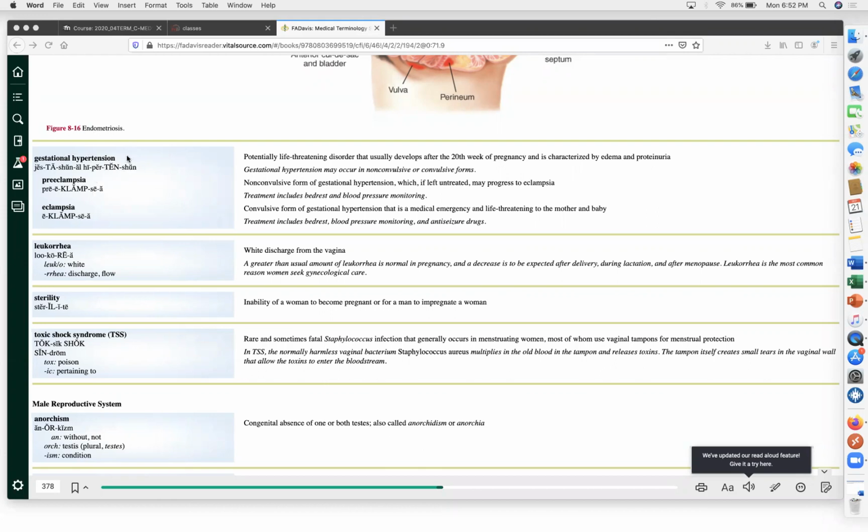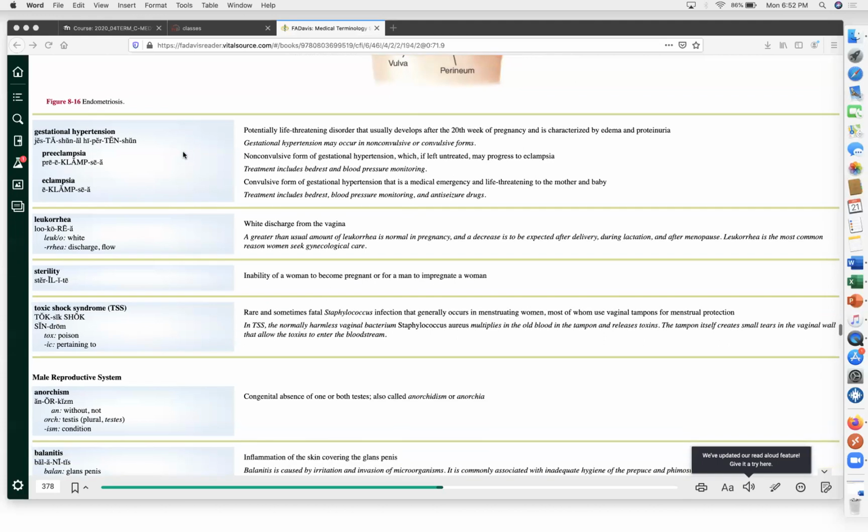My aunt was one of these women, and not even 4 years after she gave birth to her last child, she died of a massive coronary, and her hypertension wasn't even that bad. But it was one of those things where, yay, we're happy to have a baby, and okay, your blood pressure is a little bit on the high side, but she was young, so everybody kind of ignored it.